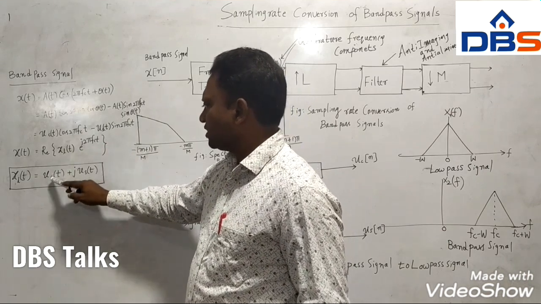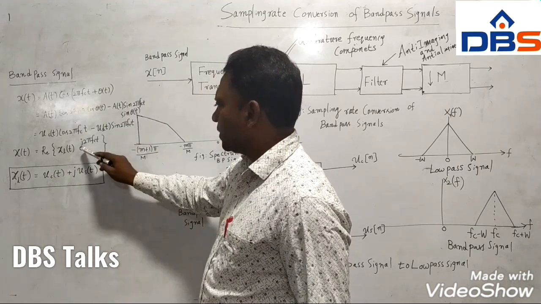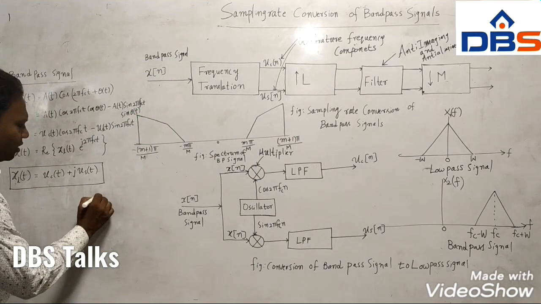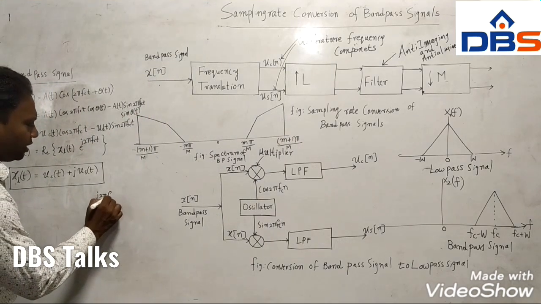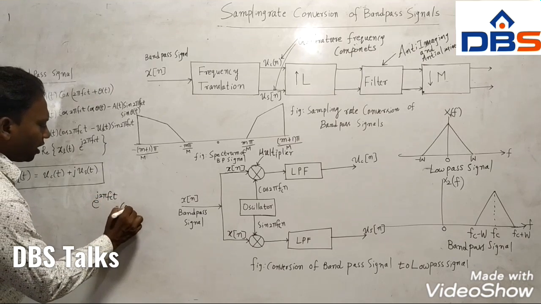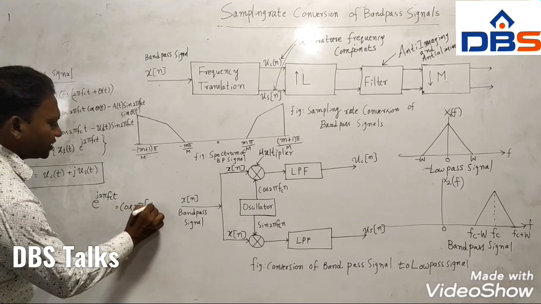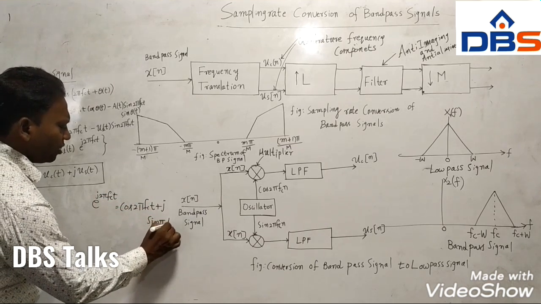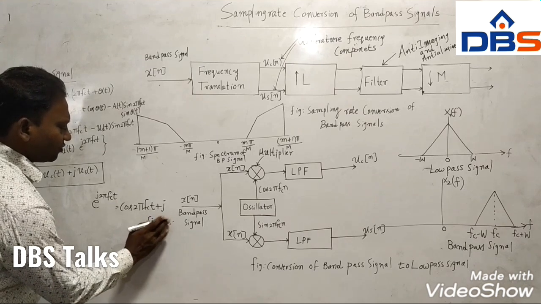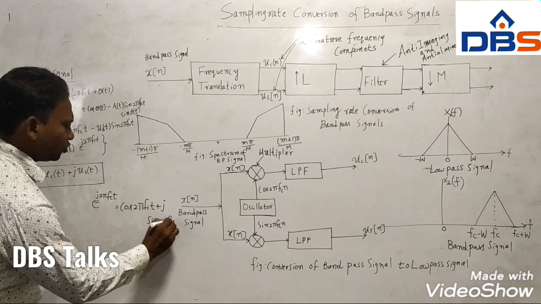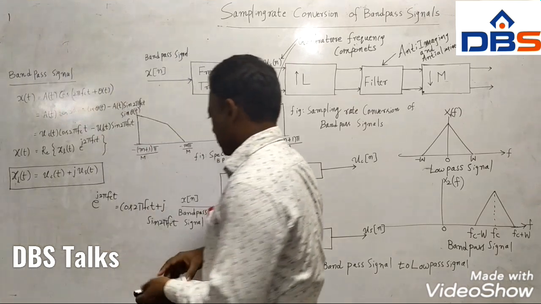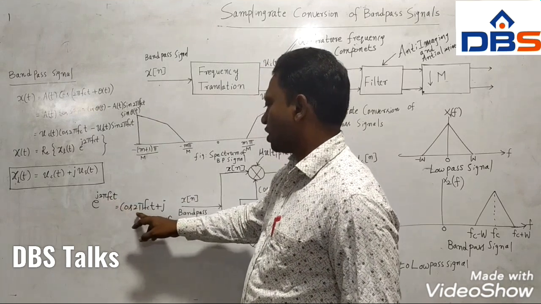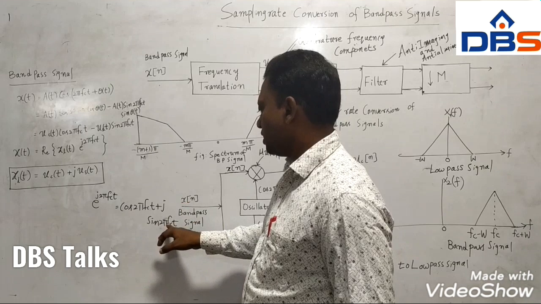If you substitute, you get the same thing, because e power j 2 pi fc t is cos 2 pi fc t plus j sin 2 pi fc t. This is the expansion of the exponential factor.